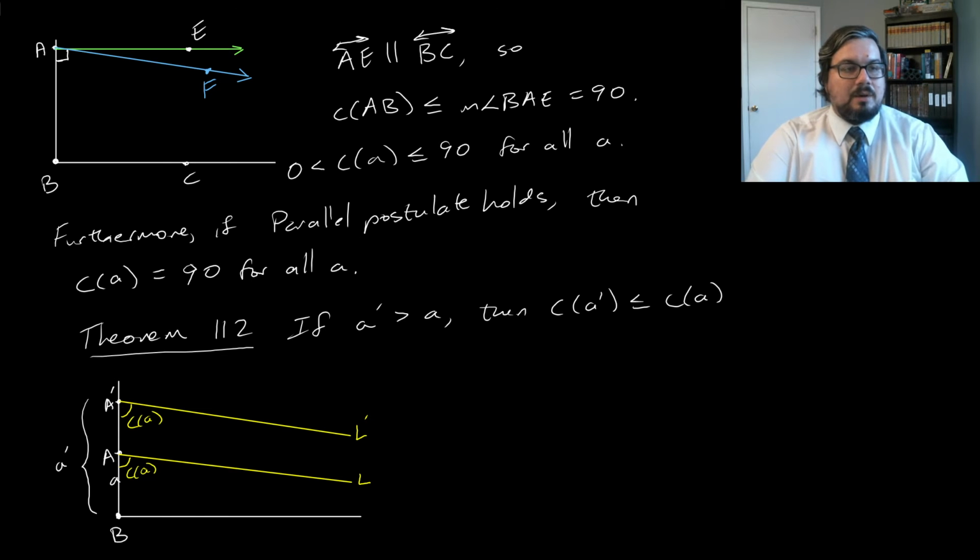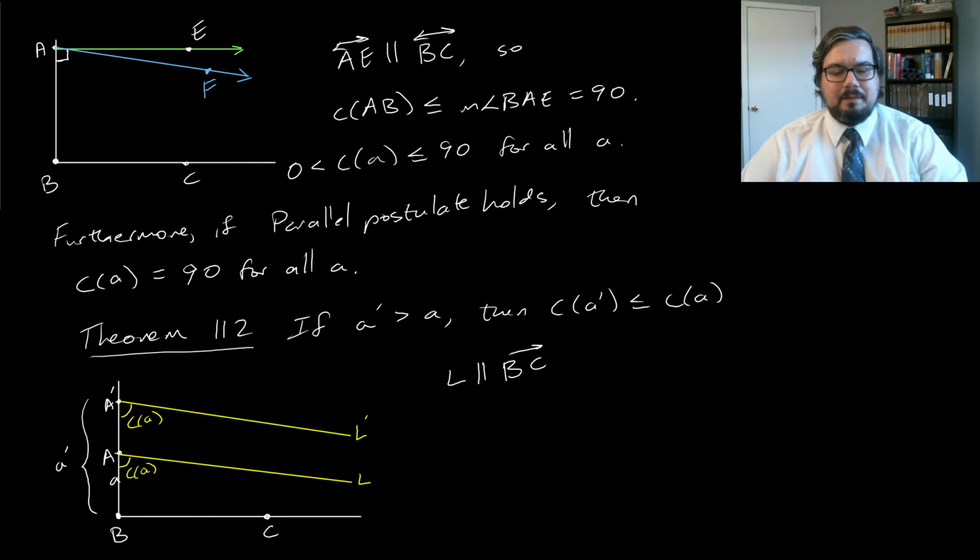Now, we need the point C down here. We have that L is parallel to the line BC, or let me call this E and E prime, since the measure of angle BAE is equal to the critical number.